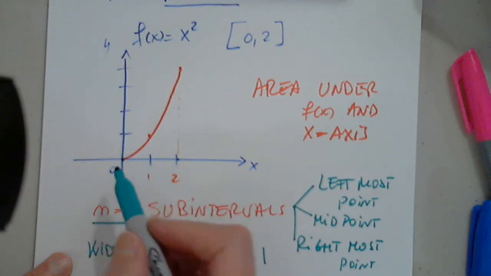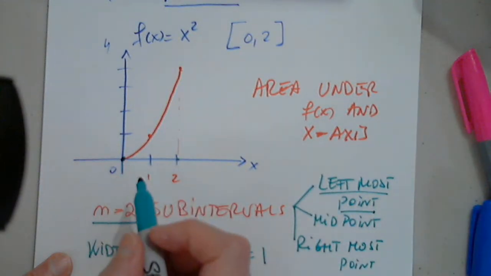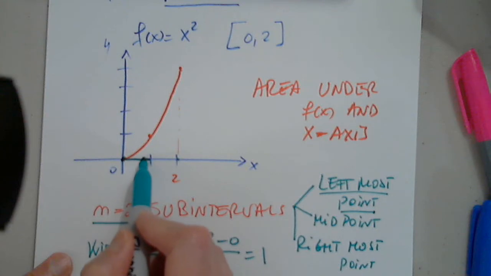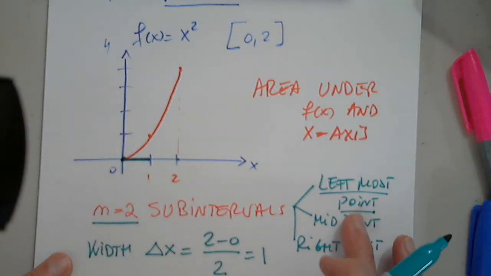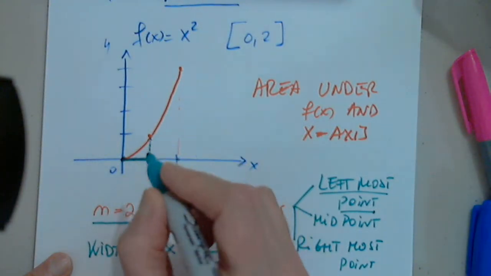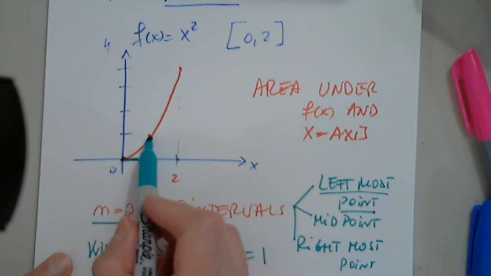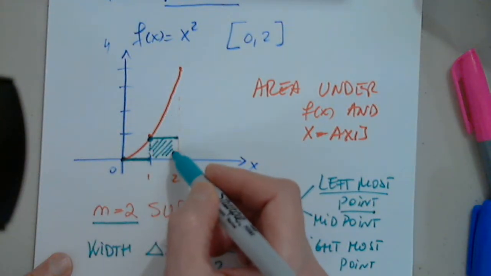So if I use the leftmost point for the height, it is here. So then I don't have really anything for the first one. What about the second one? This would be the height, and this would be the area.